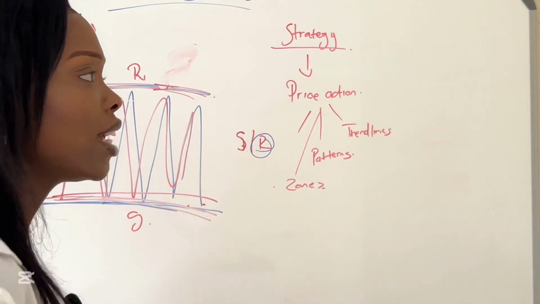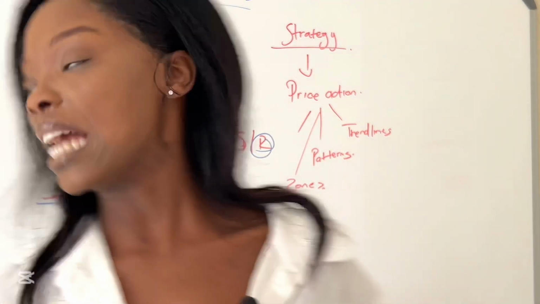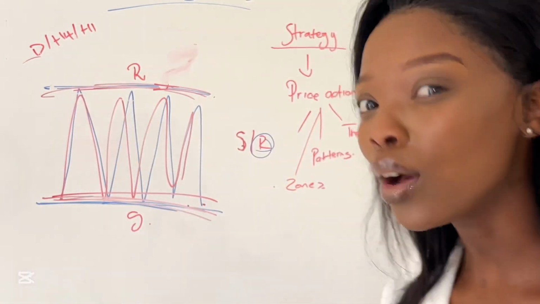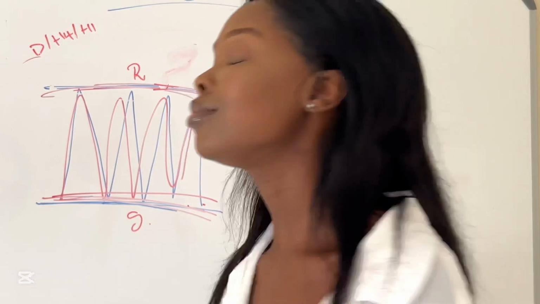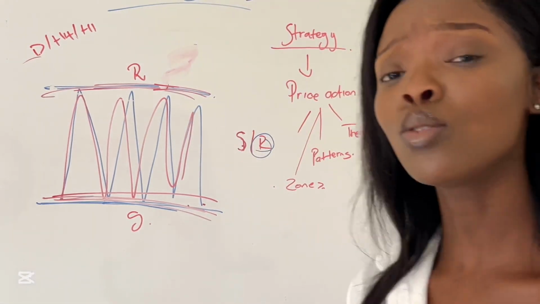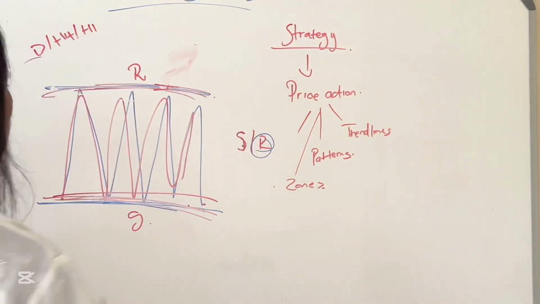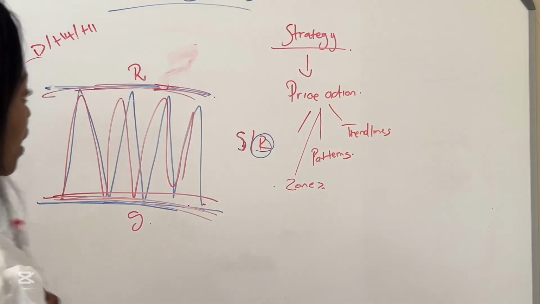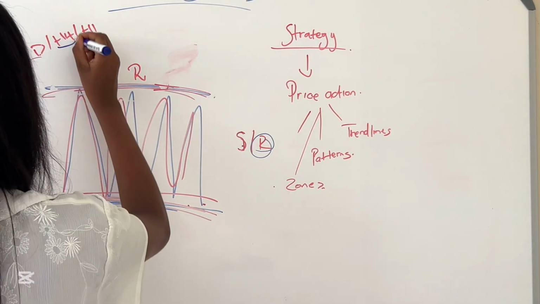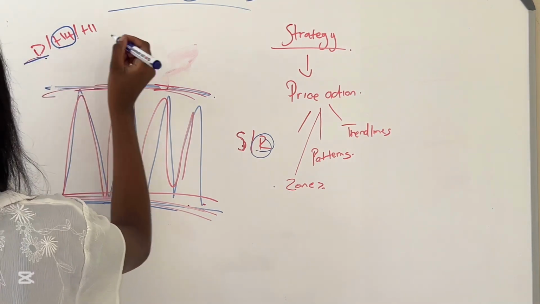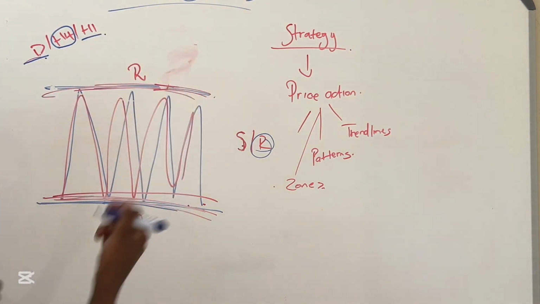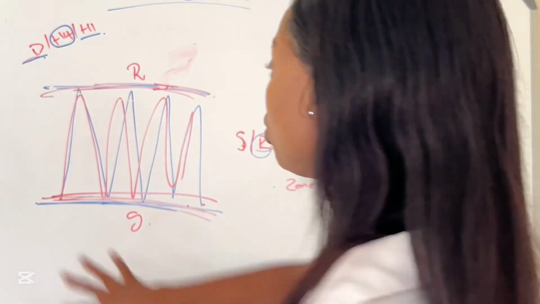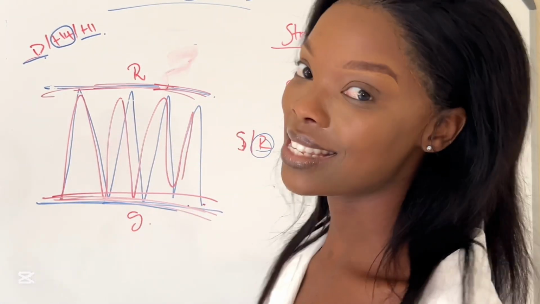Someone will say H4 is too loud for me, I can't really determine these levels, and it's also normal. Someone will say H1 is just too loud. Honestly speaking, I feel like H4 is in between, between the quiet and the loud. So you can always use H4 when you want to practice how to draw your support and resistance.